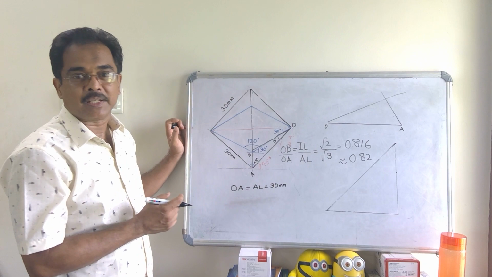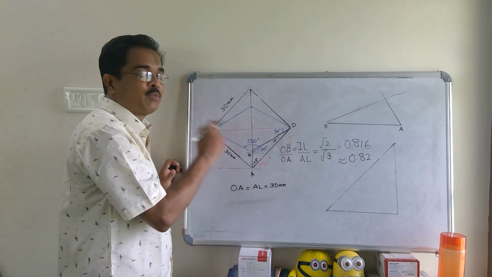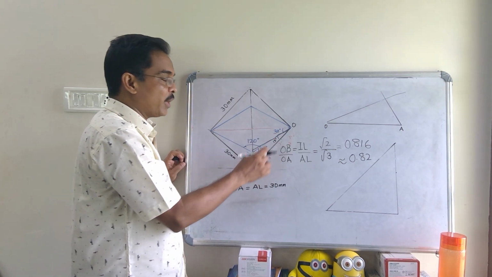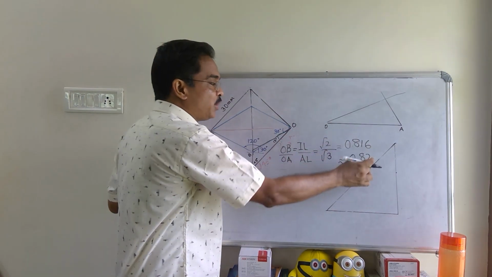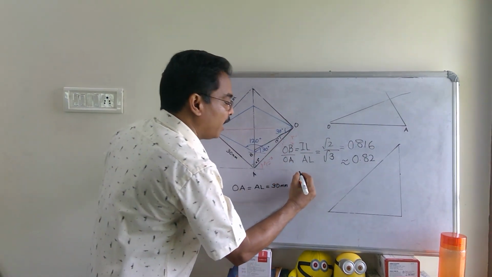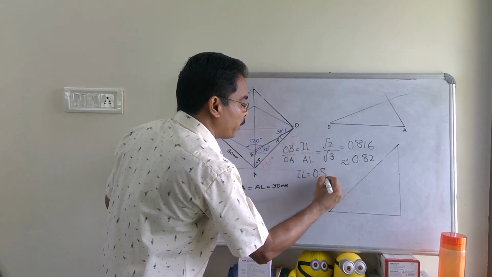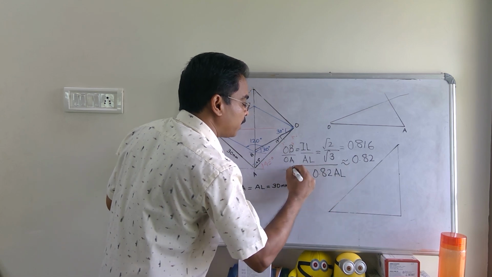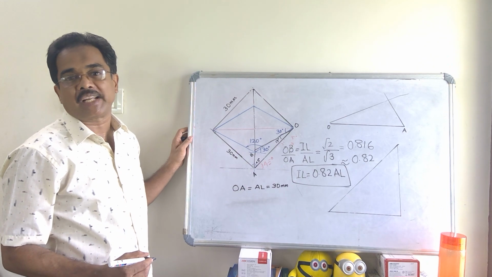What does it mean? When we convert an orthographic projection to an isometric projection, all the side lengths are reduced proportionately by 0.82 times. That is, isometric length is equal to 0.82 times its actual length. This is called the isometric scale.